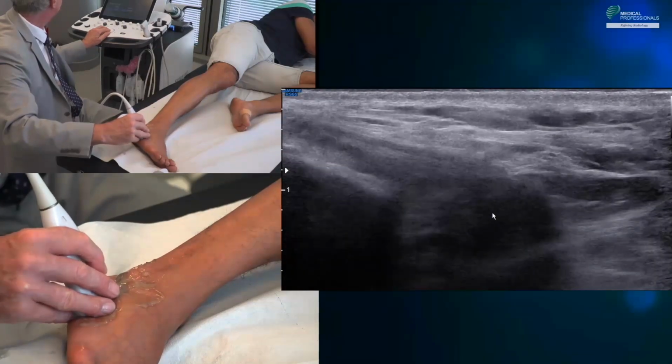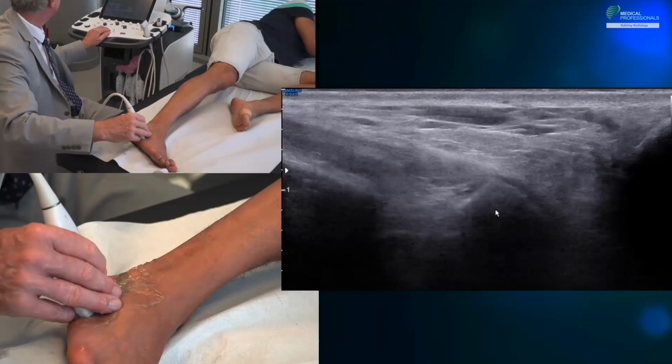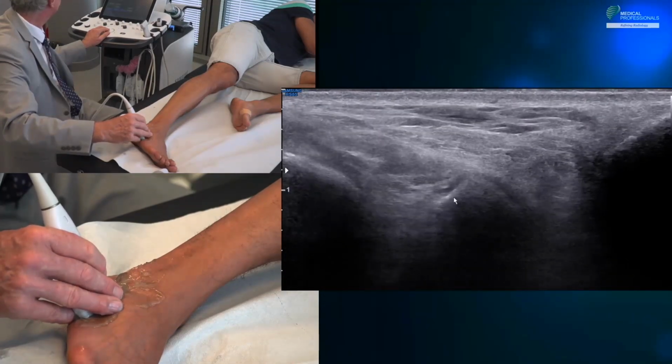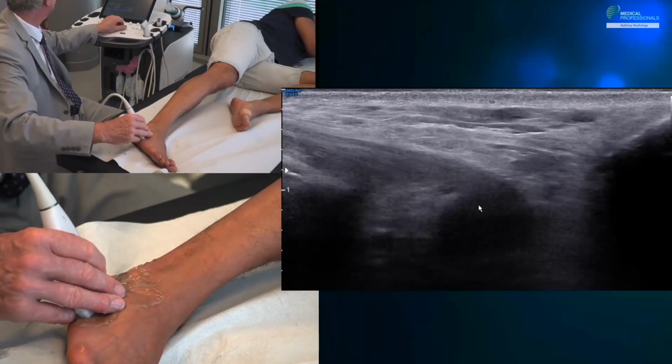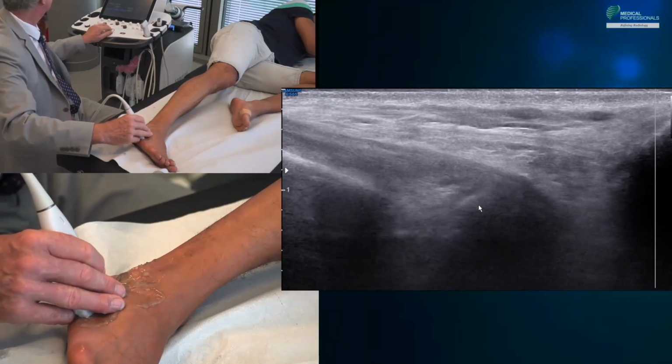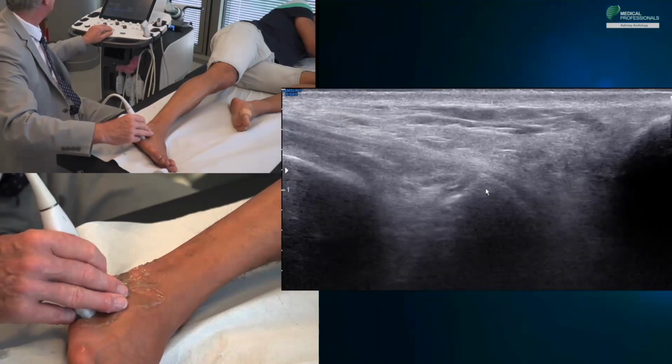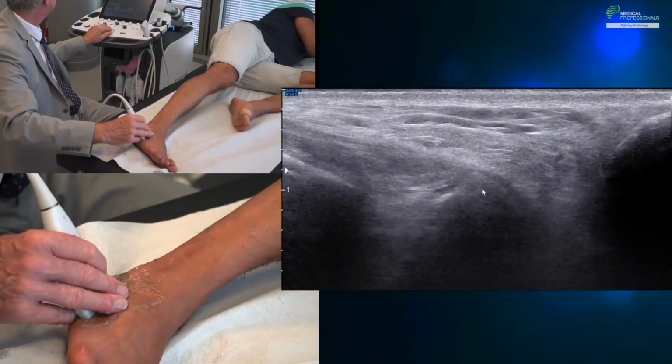In addition, the peroneus longus can be irritated on contact with this particular bone, as here when it is large. We see that the tendon fibers are really interrupted by this bone.